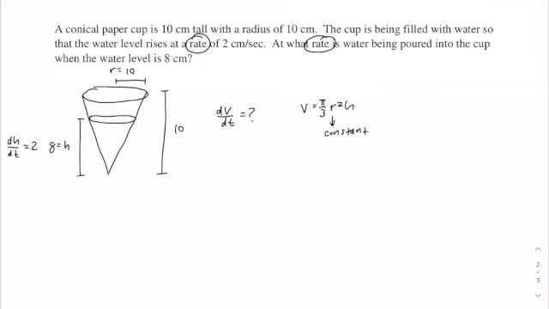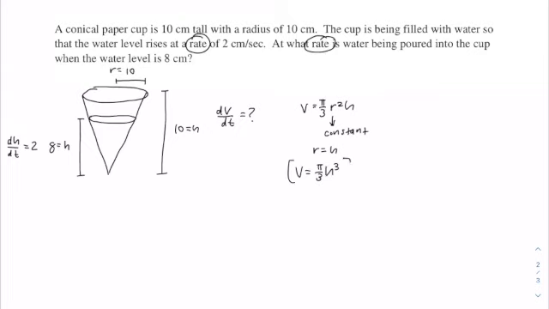And so if we have a constant value and we take the derivative of it, we're going to get 0, and we don't want that in our calculation. So we want to replace r with its relationship with h. Notice that r is equal to 10, and initially h is also equal to 10. So r is equal to h, and so we're going to replace r with h. So pi over 3 h cubed.